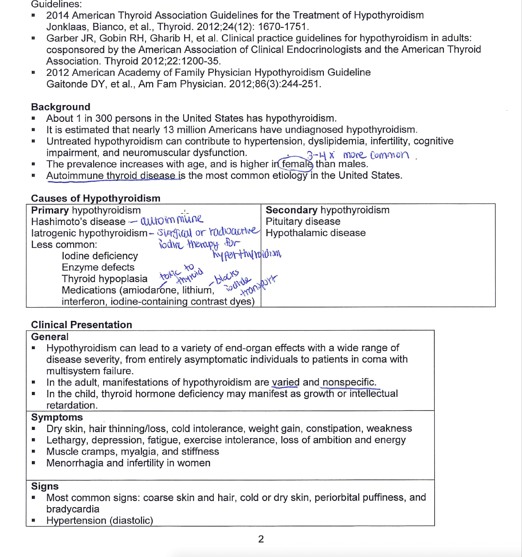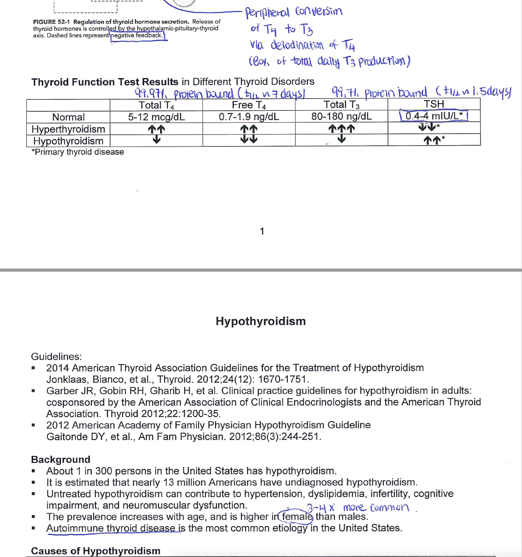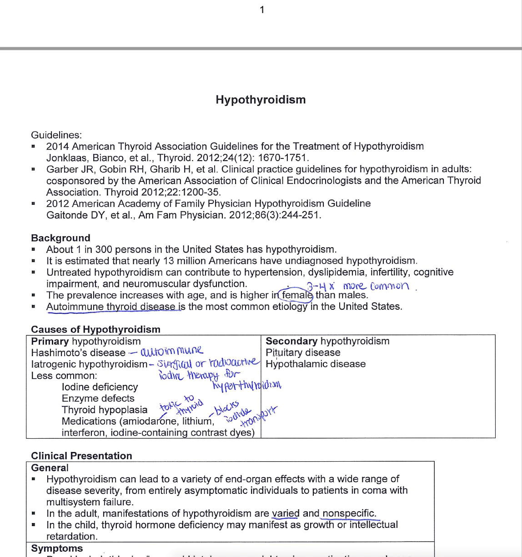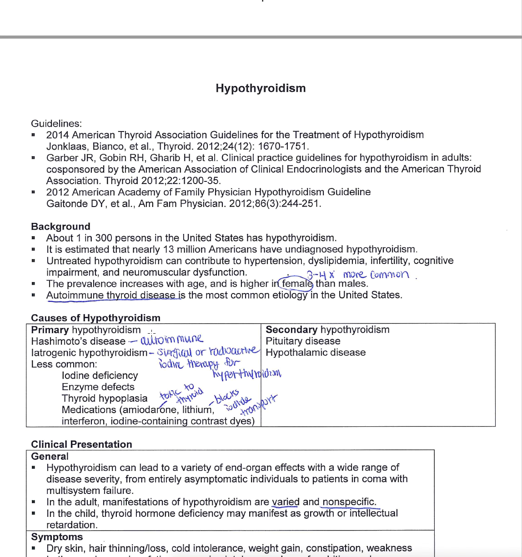So the lab values we just went over were mainly for primary thyroid disease. When patients have a secondary cause, their TSH will be low, leading to reduced production of thyroid hormones. So you need to know the difference between these.